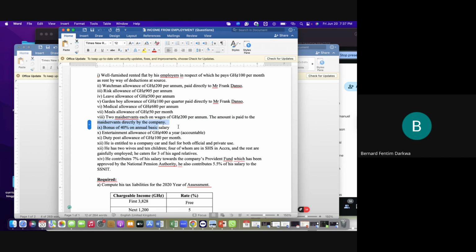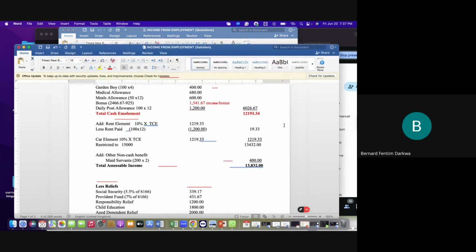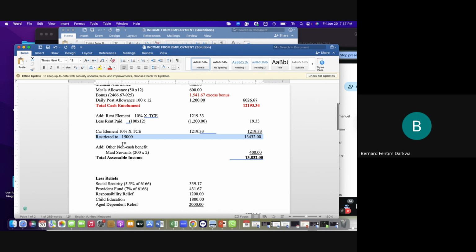So once the amount was paid to the maid servants directly, we cannot charge it to Mr. Frank Dan as cash. That's why they come as other non-cash benefits. You treat the other non-cash benefits, two maid servants, then you add it, so you get the total assessable income to be this.